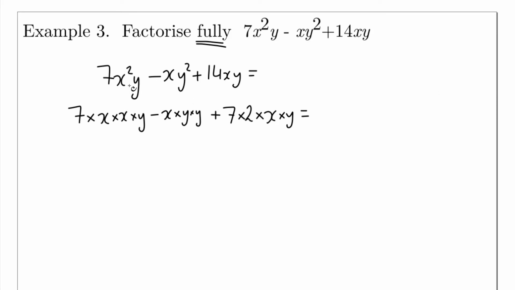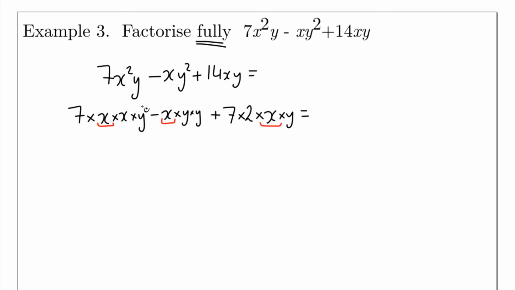When you get more confident with factorizing, you won't have to break down each term into its prime factors, but I will do it this time just so we're confident that we have every single possible factor that we can take out. So let's have a look at the first factor, 7. 7 appears here, doesn't appear in this term, and does appear in this term, so we can't factorize it out of all three terms. x appears in the left hand, the middle, and the right hand terms, so it is a common factor of all three terms.